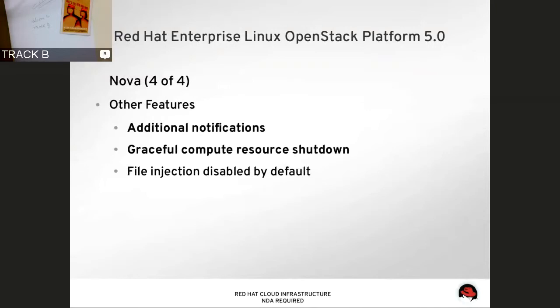And it really was. They put a bunch of new notifications in, including when compute hosts are powered on, shut down, rebooted, maintenance mode, those sorts of things. All those notifications are now coming out of Nova, which is great. And graceful shutdown. So it wouldn't just power off the compute node. It would wait until all the requests had been satisfied on that compute node before terminating. All right.